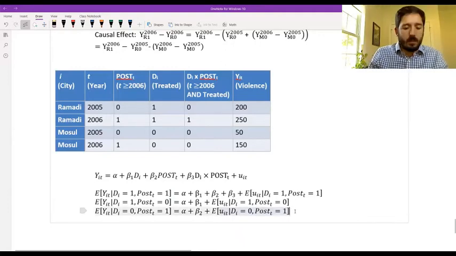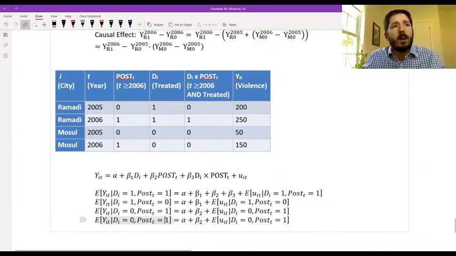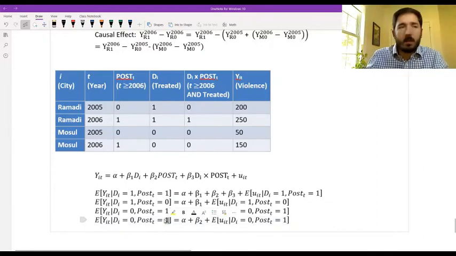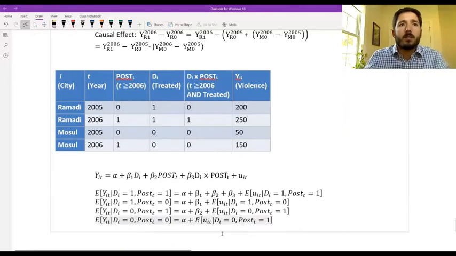We still got this extra residual that we're going to have to worry about at the end. And then the non-treated group in the pre-period, all these other guys are zeros. So we're going to have something that looks like that.